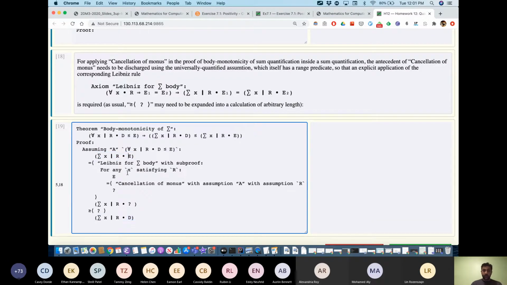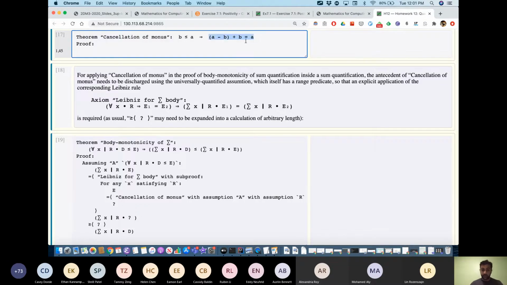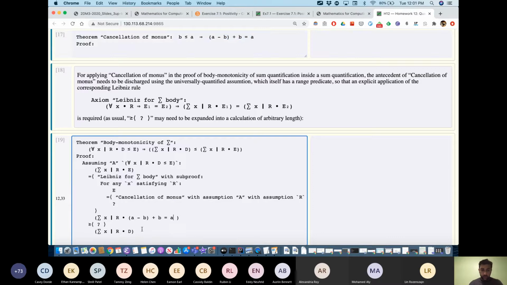Starting with the greater side, we're going to apply Leibniz, which says equals for equals. Because we have access to R, our assumption tells us D is less than or equal to E. And the hint is to use cancellation of monas. So we want to replace the expression like this. Right. So at the very end, instead of an E, we want to have like this. This one is D.